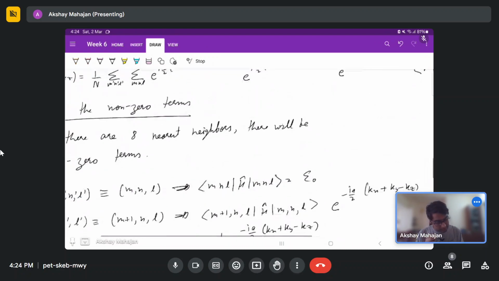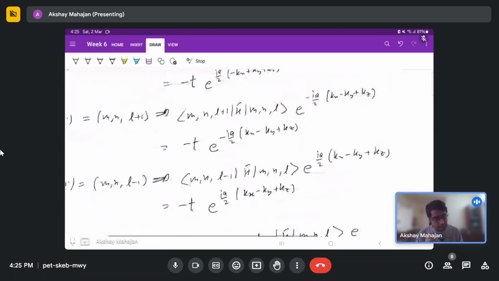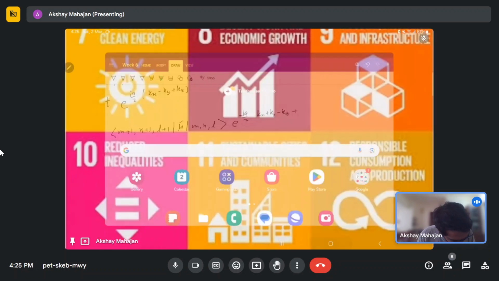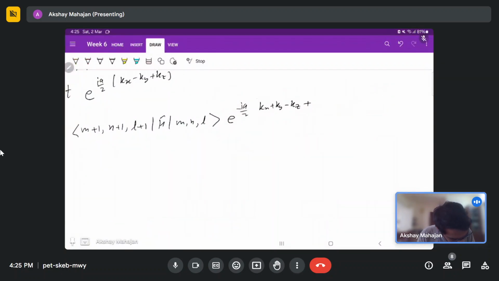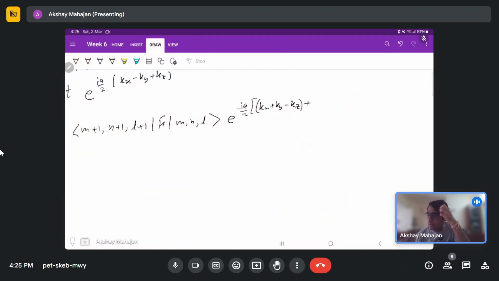So in these terms, it was e to the power iota a by 2 (m minus m prime), and you are using m prime as m plus 1, n prime as n plus 1, and l prime as l plus 1. So we get e to the power minus iota a by 2 from each one of them, and all the k stuff we just add up. So let me just write here kx plus ky minus kz, from this m minus m prime term.